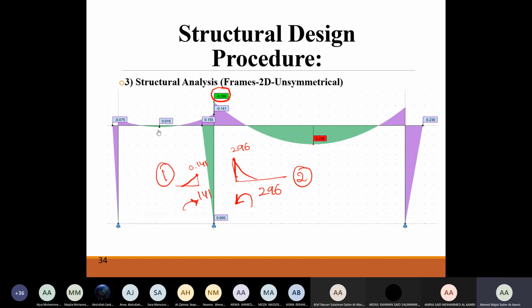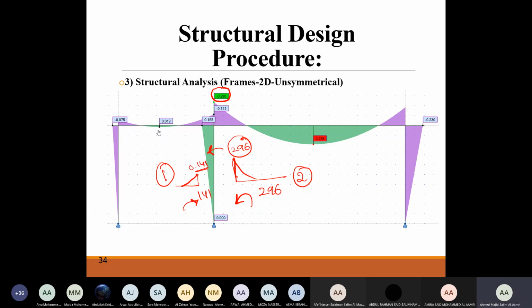What is the balance? Will it go to the side of 296? Is it going to go to span 1, pushing span 1, or pushing span 2? Which one is stronger, 296 or 141? 296, span number 2, right? That's why this column has been pushed to the side, because 296 is stronger than 141.